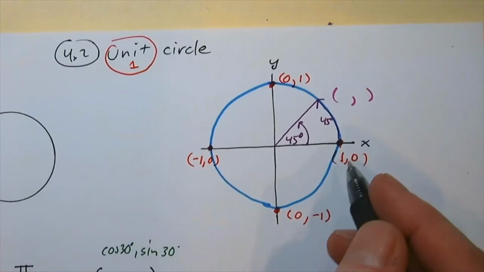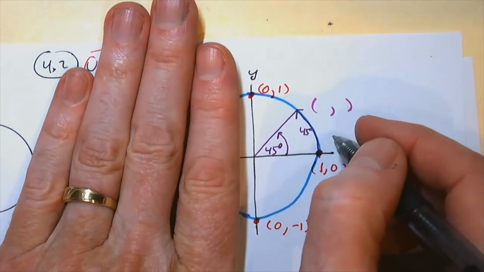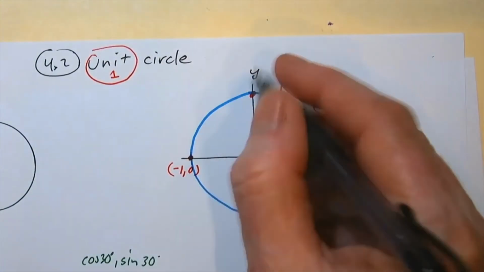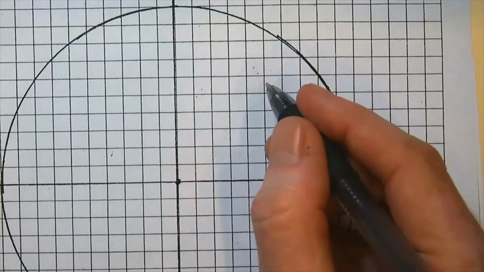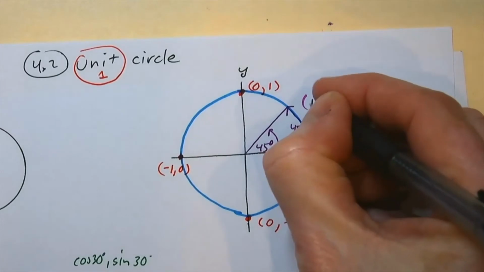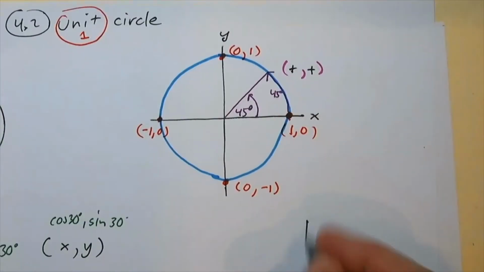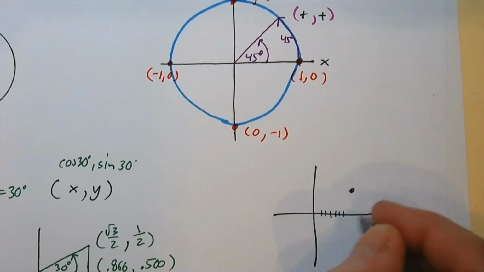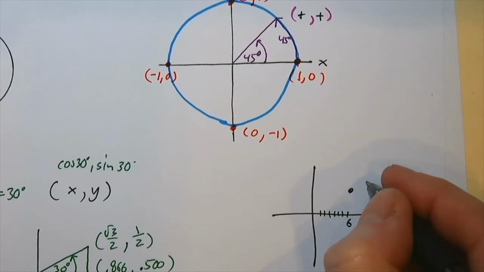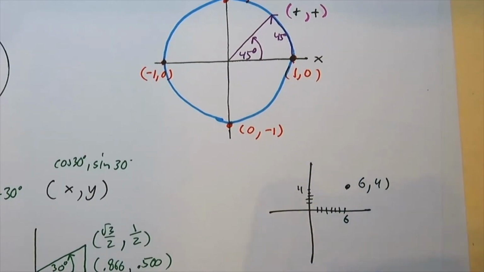Okay, let's go back to this. Remember how this is graph paper? Isn't over here positive on graph paper? If I made a piece of graph paper like this, and I put a little dot over here, aren't you going to go, oh, that's like a 6, 4?